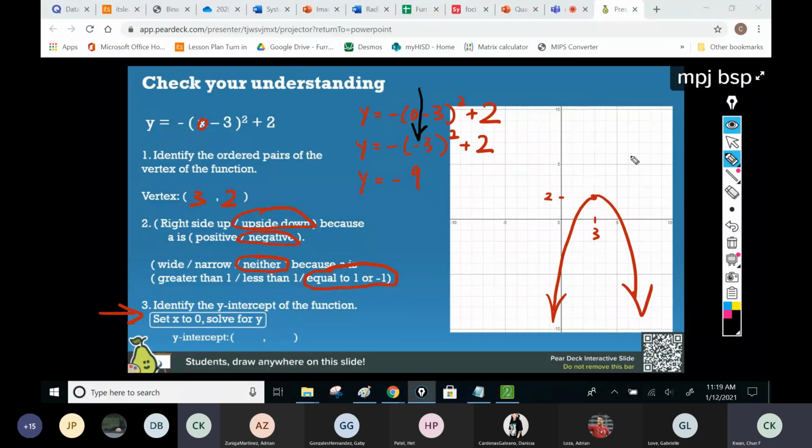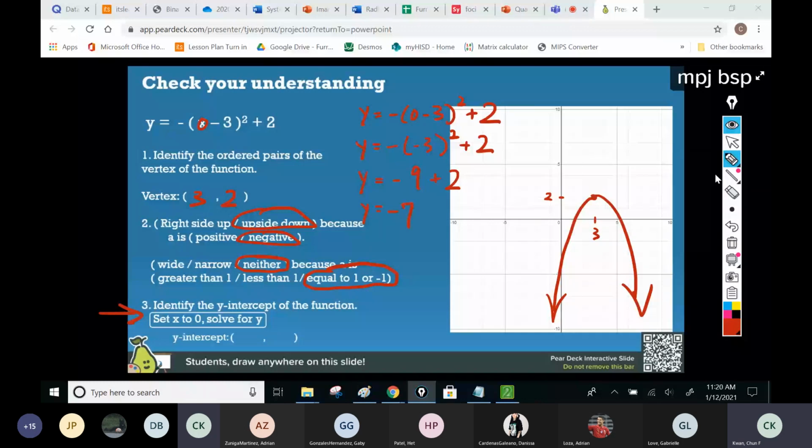You have to square the negative sign as well, so you're doing -3 times -3. The two negatives become a positive. Now you have the 9, and with the negative in front, you have -9 plus 2. So y equals -7.